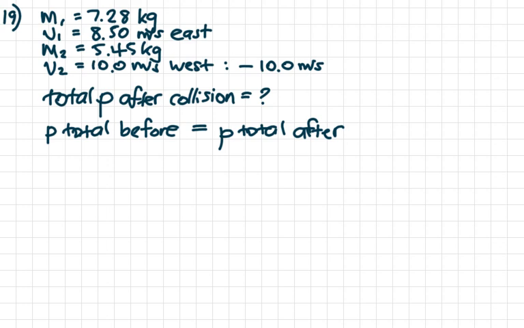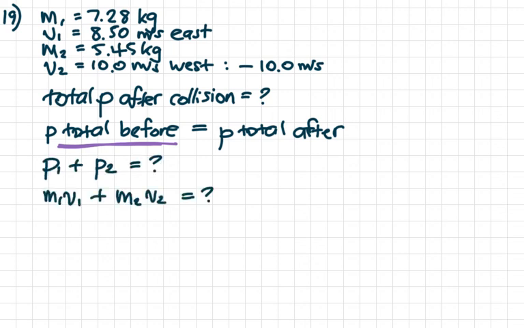So really what we can find is the total momentum before the collision. So the total momentum is p1 plus p2, and since p equals mv, we're really looking for m1v1 plus m2v2. So you're doing mv, but remember, one bowling ball is going to the west, so you're going to have to make that velocity negative.